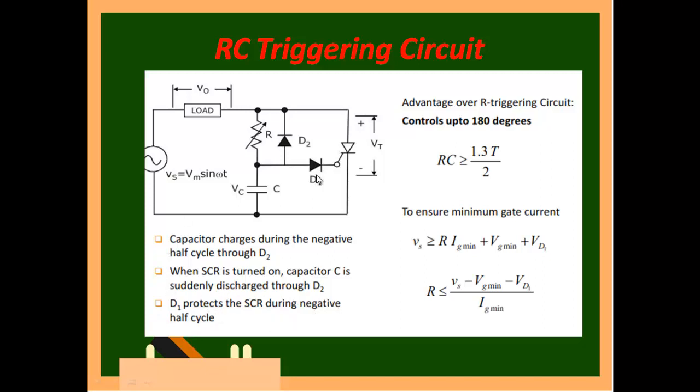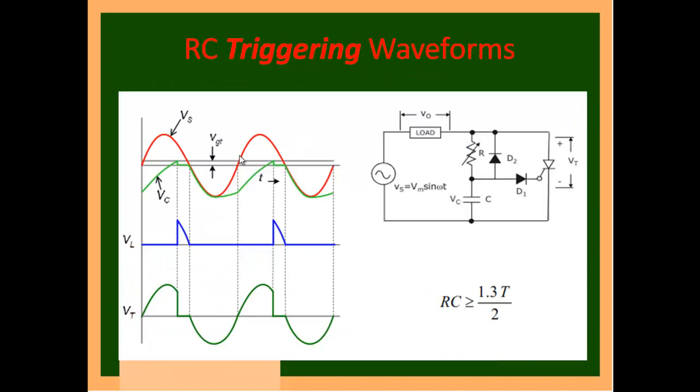So it is a protection circuit also, and now you can go beyond 90 degree, because now current will be there to travel and try to turn on even when the voltage tries to reduce, since the capacitor has charged. With the charged capacitance, I can go beyond 90. That is the advantage of RC triggering.